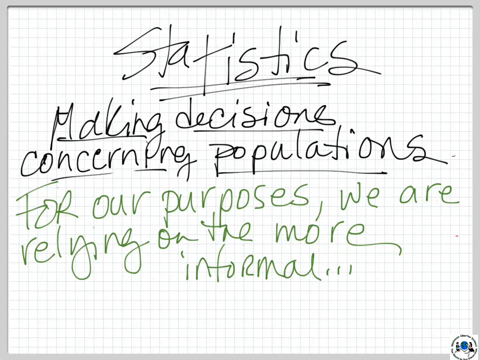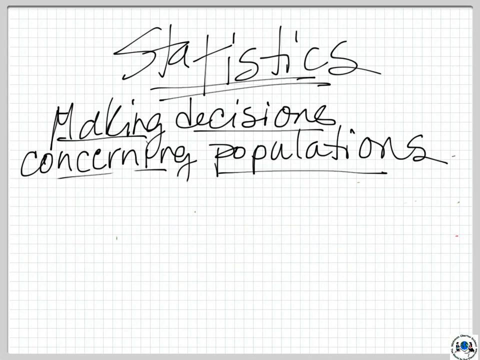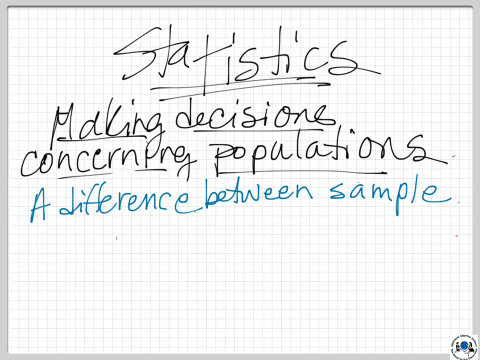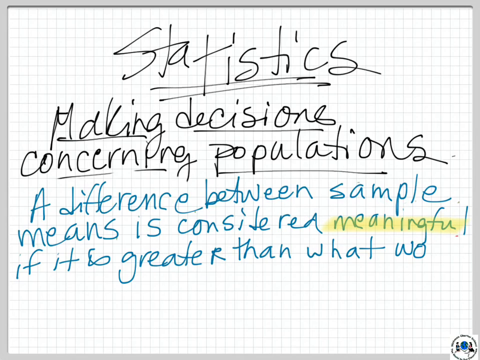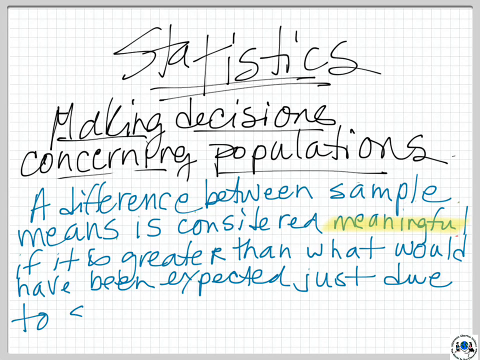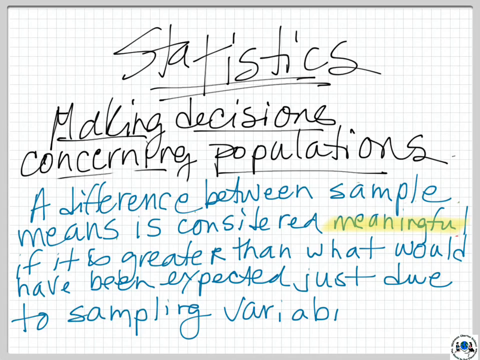We have been looking at the more informal because basically what we have been talking about is this idea that a difference between sample means is considered meaningful if it is greater than what would have been expected just due to sampling variability.